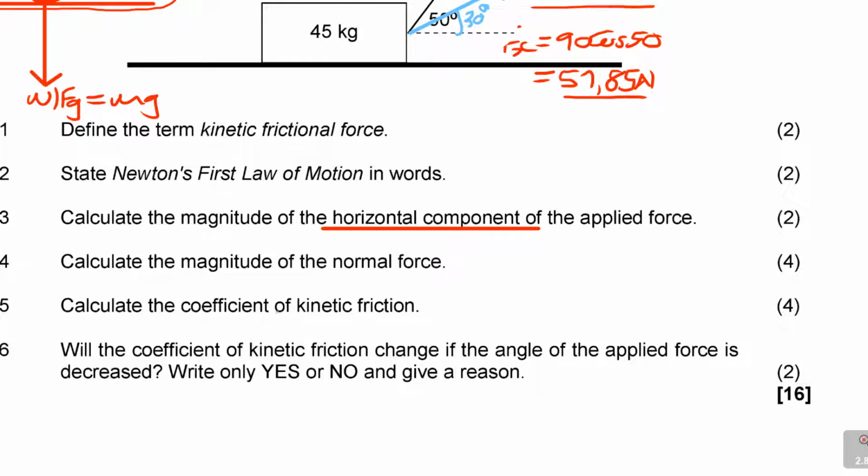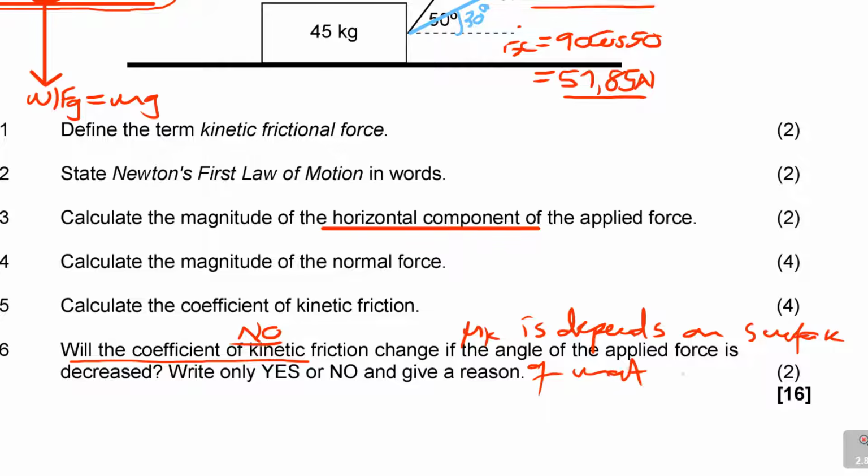The answer is no. Why? Because the coefficient mu k depends only on the surface of the material, not the angle.